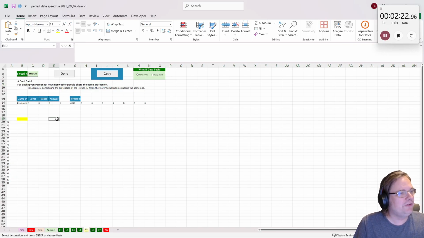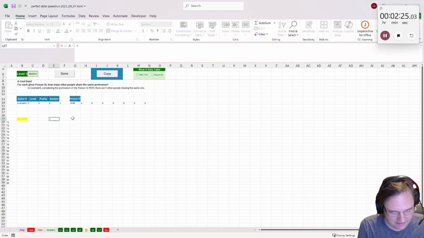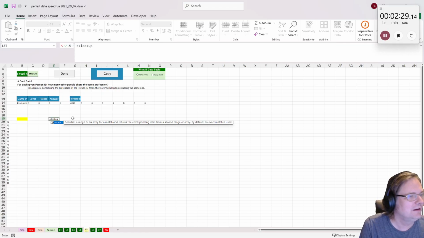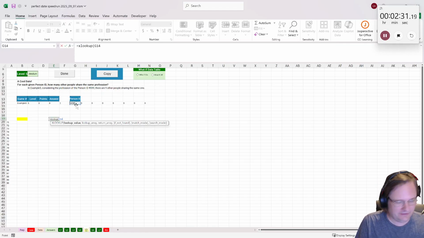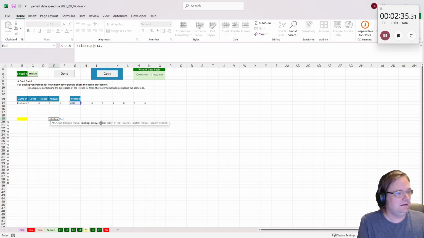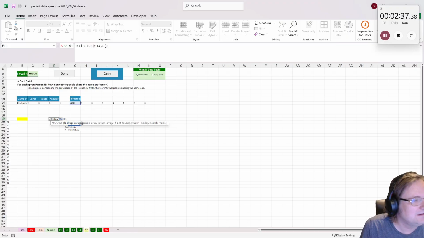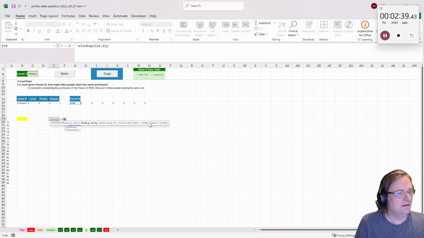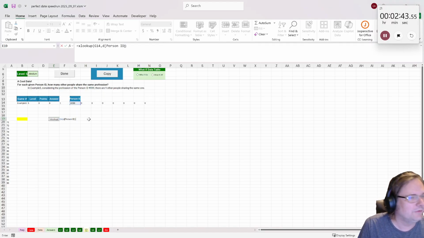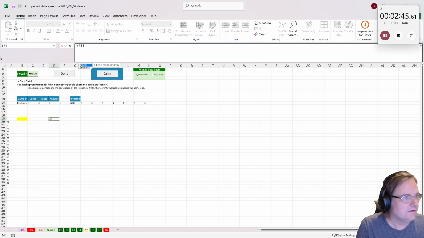All right, cool. How many people share the same profession? How many other people share the same profession? So XLOOKUP this on D person ID. Actually, I don't even need an XLOOKUP. Just go straight to FILTER.